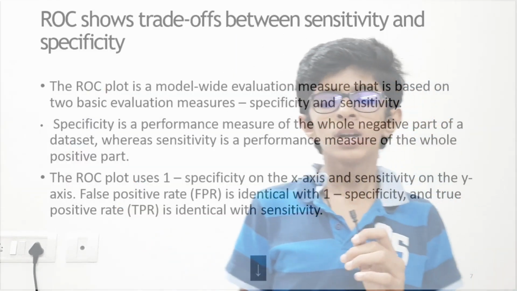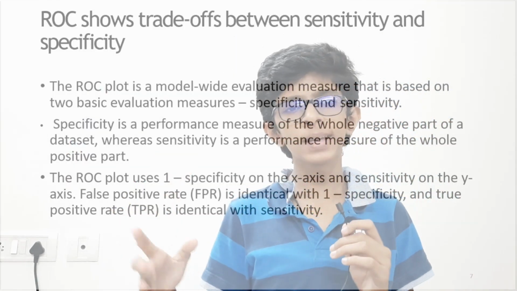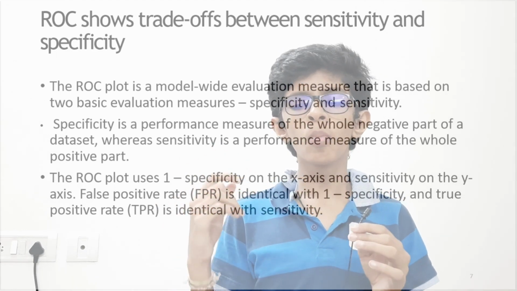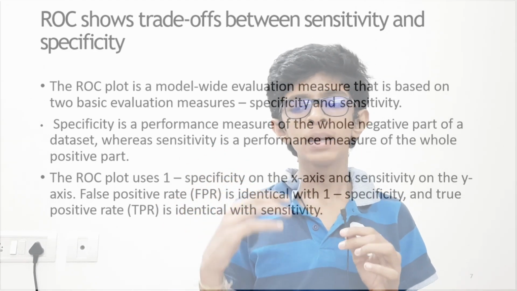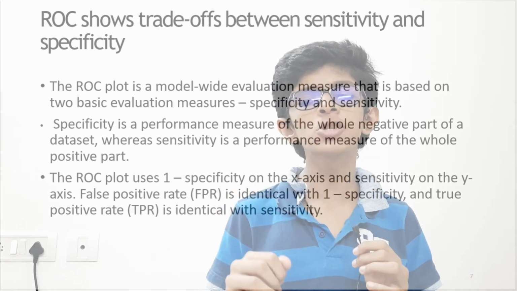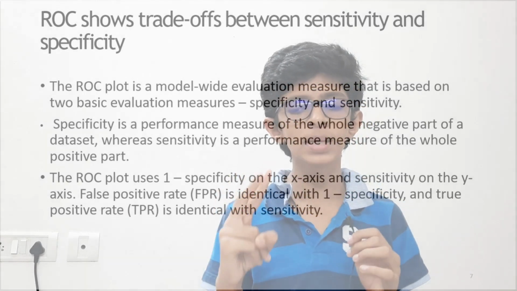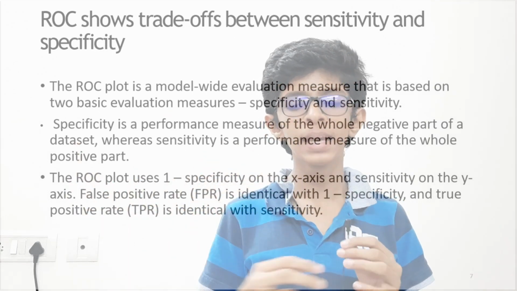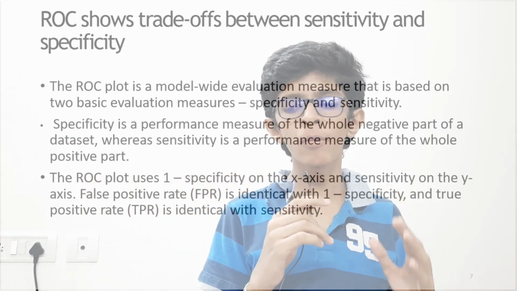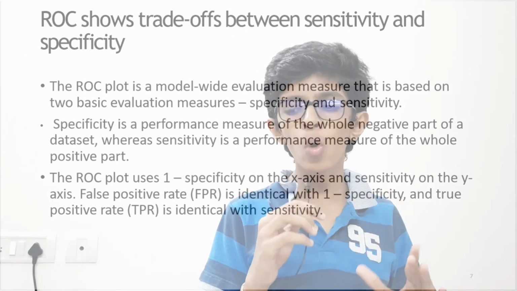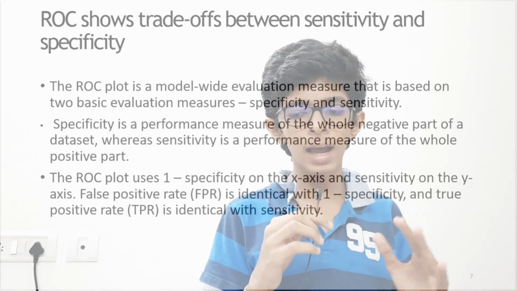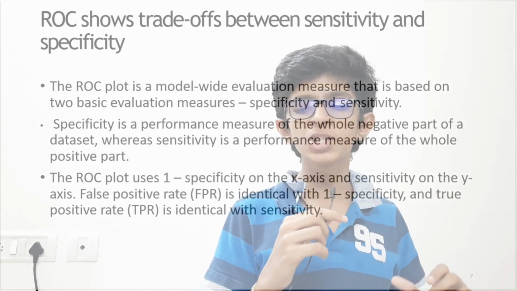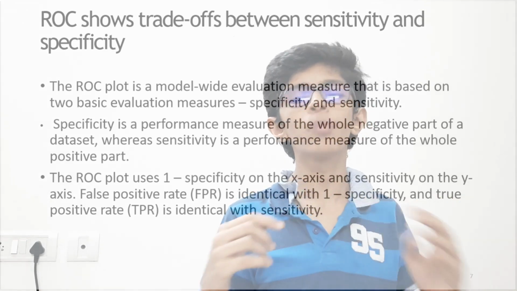ROC shows trade-offs between sensitivity and specificity. The ROC plot is a model-wide evaluation measure that is based on two basic evaluation measures: specificity and sensitivity. Specificity is a performance measure of the whole negative part of the database, whereas sensitivity is a performance measure of the whole positive part.